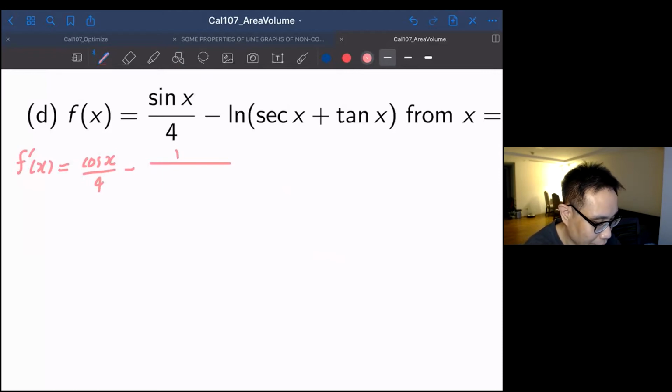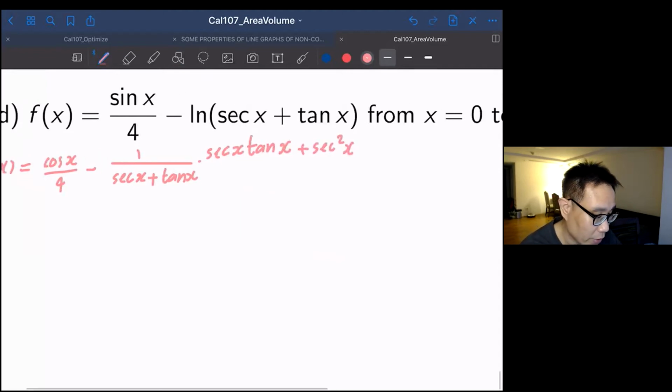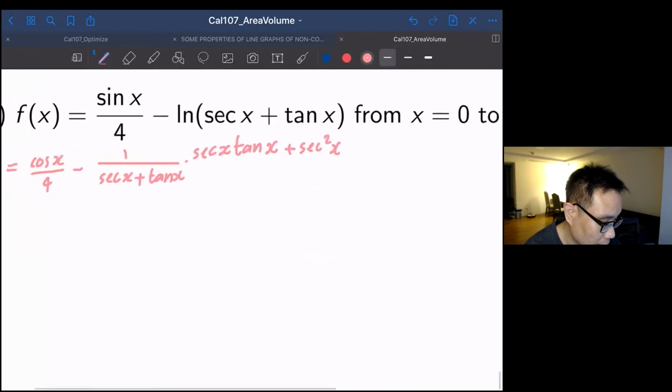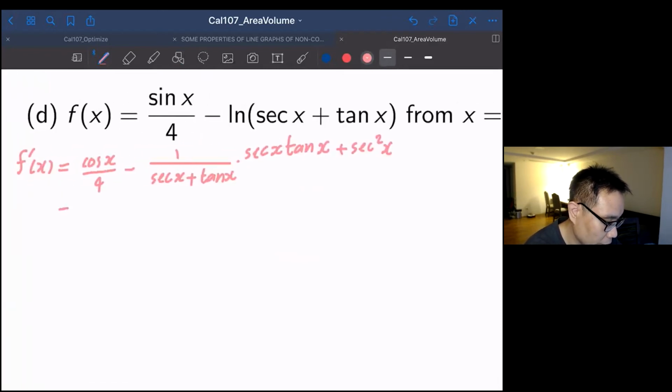So in this case, this one will be what? It will be 1 over (sec x plus tan x) times the derivative of sec x plus tan x. The derivative of sec is sec x tan x, and the derivative of tan is sec squared. So let me differentiate this here.